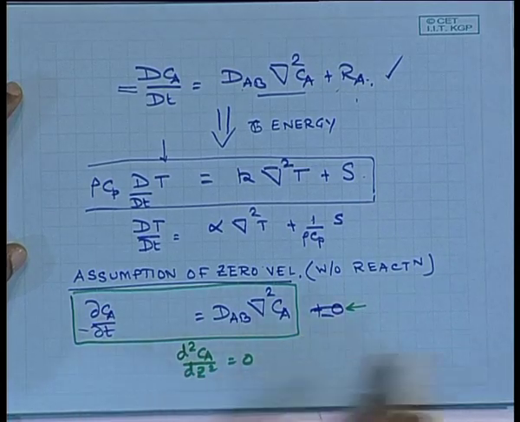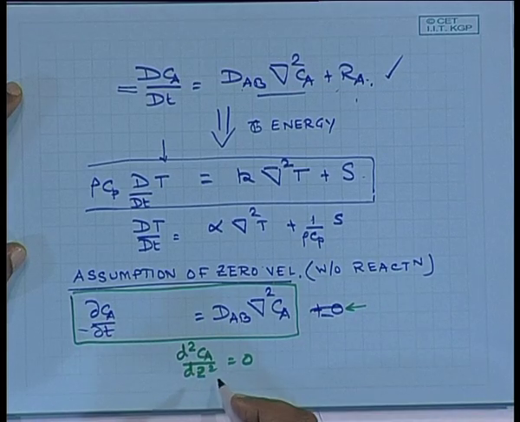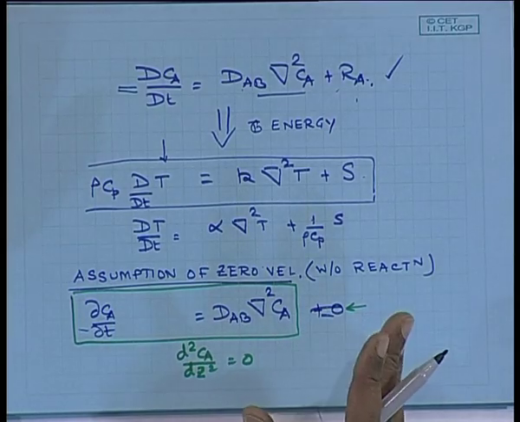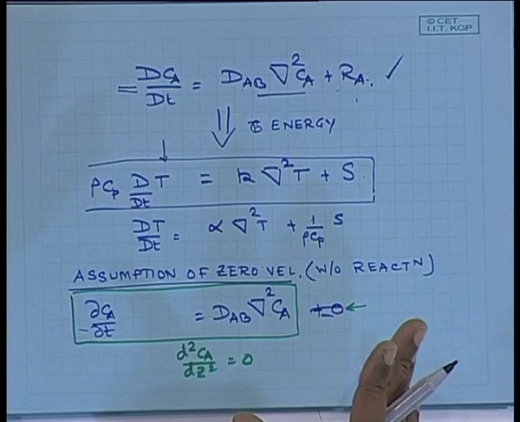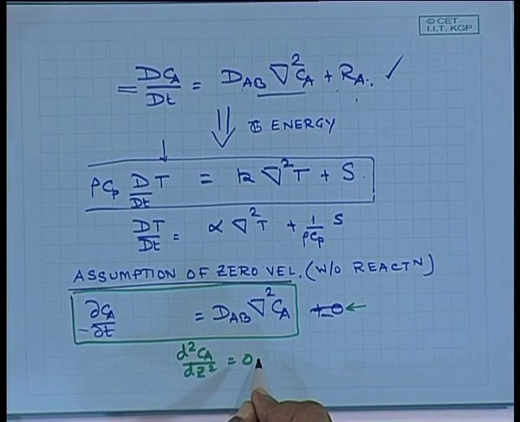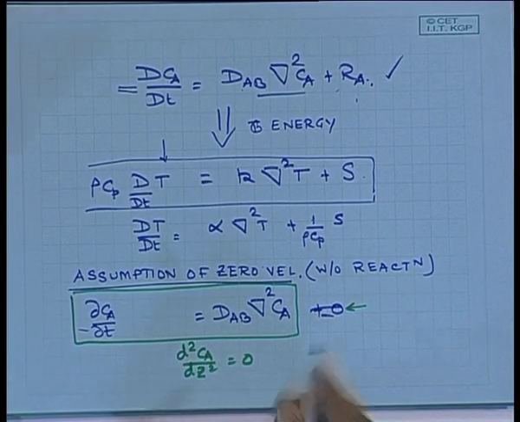Have you seen this governing equation before in some of the problems that we have solved? I am sure we have seen it for the case of diffusion and a homogeneous reaction in a stagnant liquid, where the concentration of the species was small. If you look back at your class notes, you would see this is the equation which we obtained, plus there was a reaction term, plus RA is equal to 0.